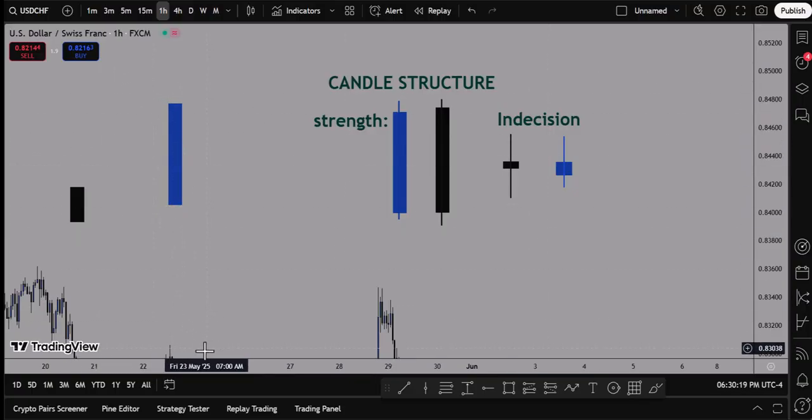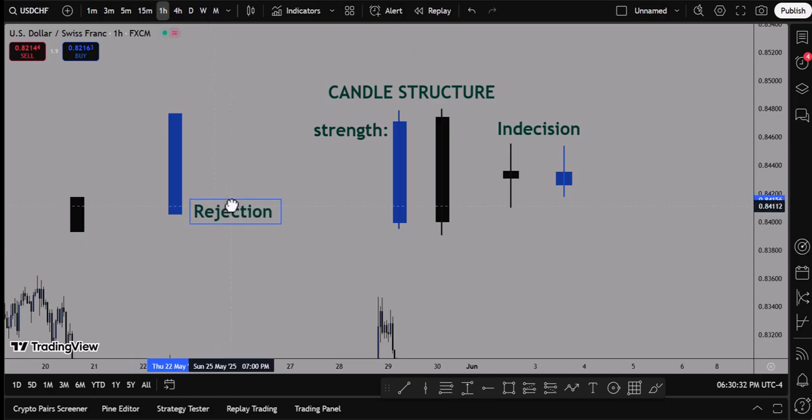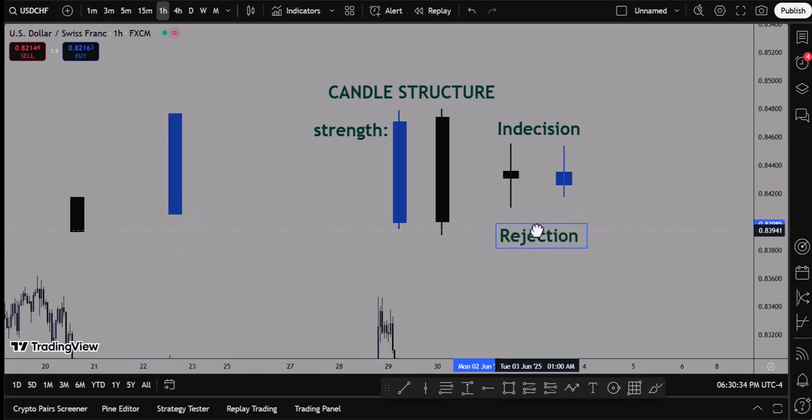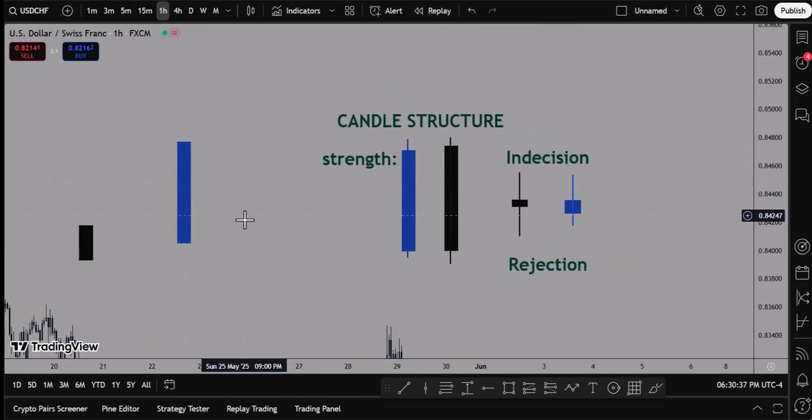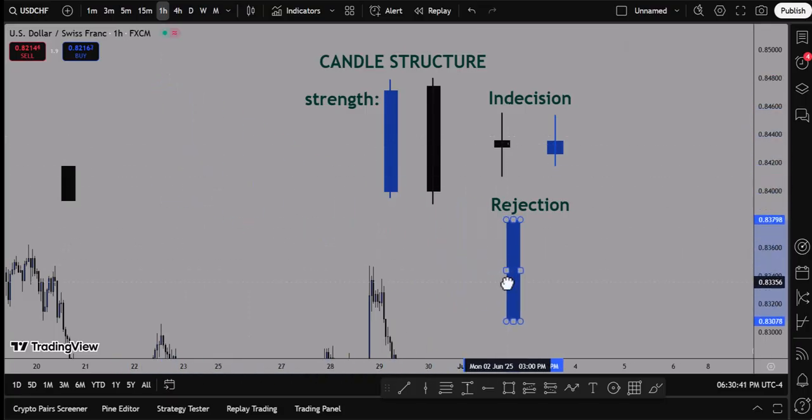Then finally we have the rejection bars. Rejection and indecision work hand in glove, so they work together. Let me put up the sketch here.